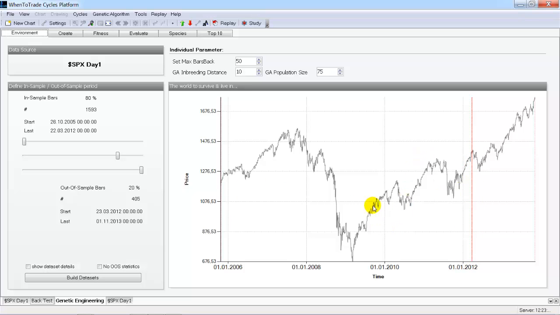So this is the in-sample period, which means that the genetic algorithm uses this area to evolve the parameters. We have an out-of-sample period, which starts at the beginning of 2012 up to today, November 2013. So we can evaluate how this system would have performed in this time frame, and this time frame is not used to optimize or for the genetic algorithm.